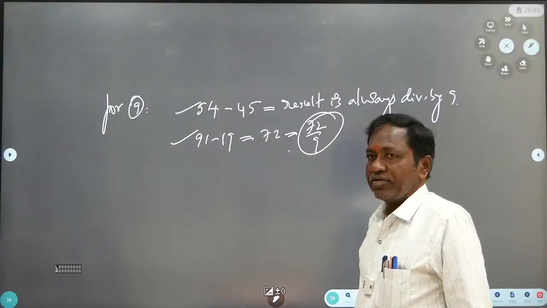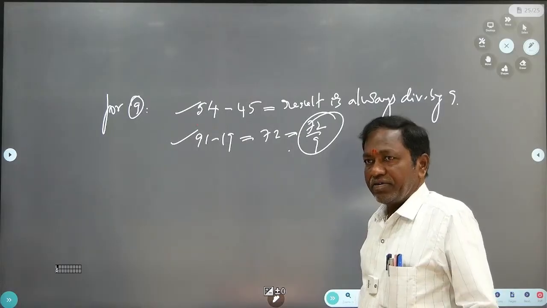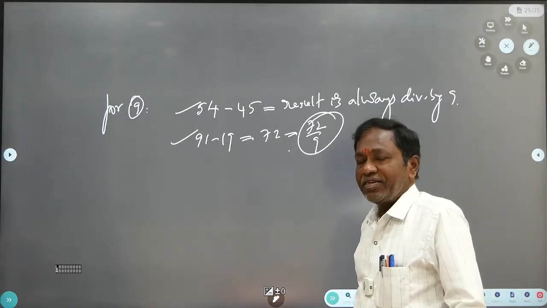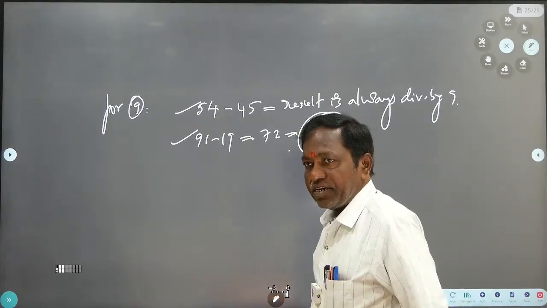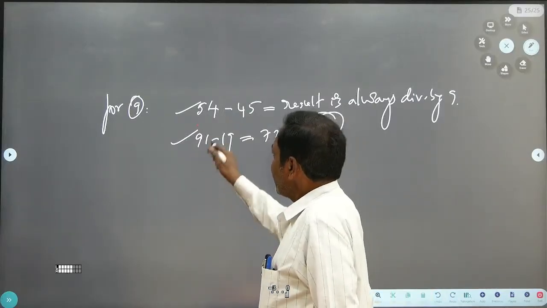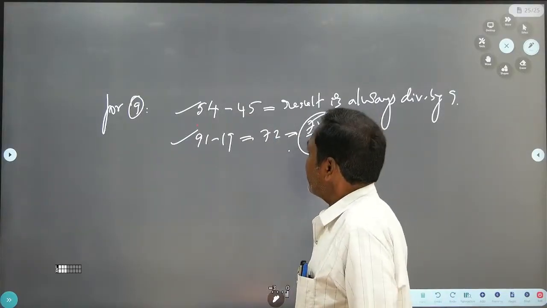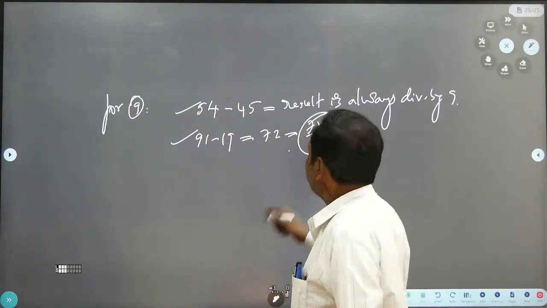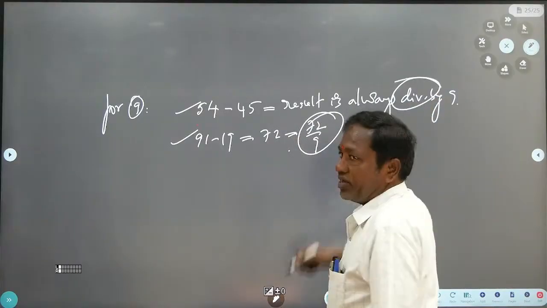But when it comes to CSAT, I will tell you the equation now. The result is always divisible by 9, or you can say multiples of 9.